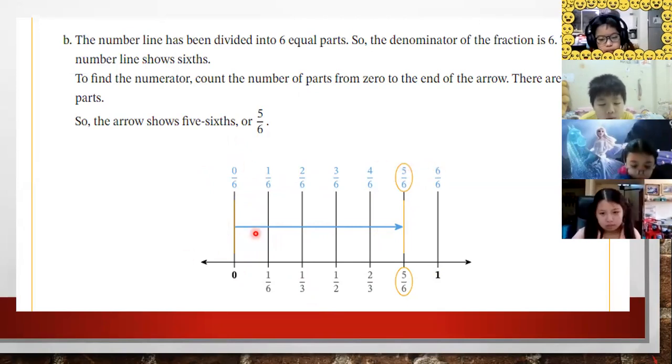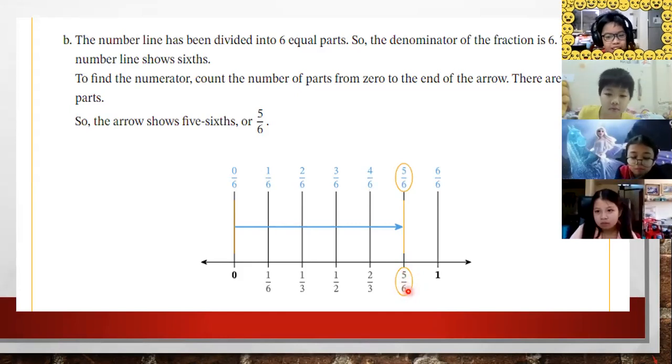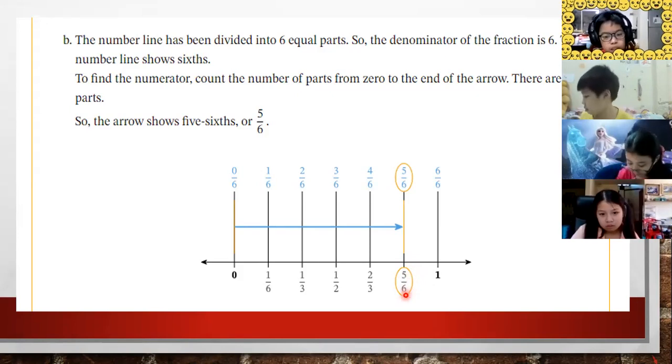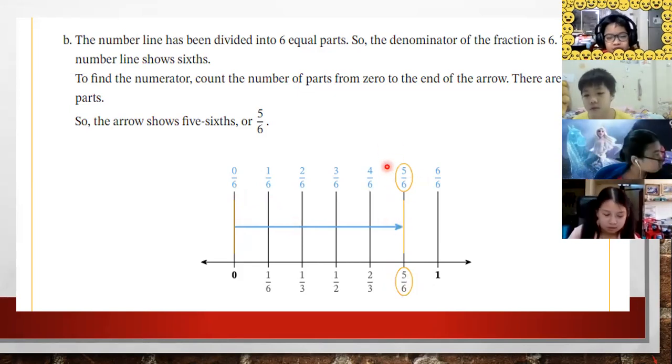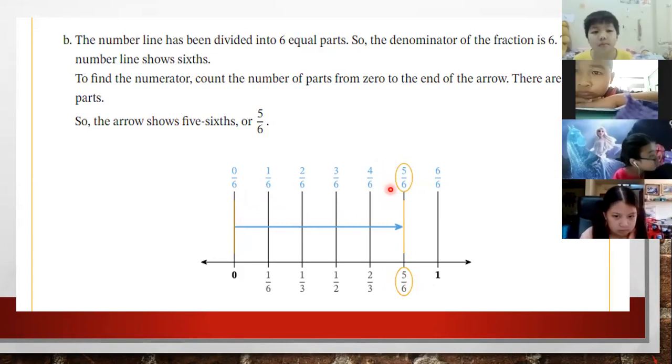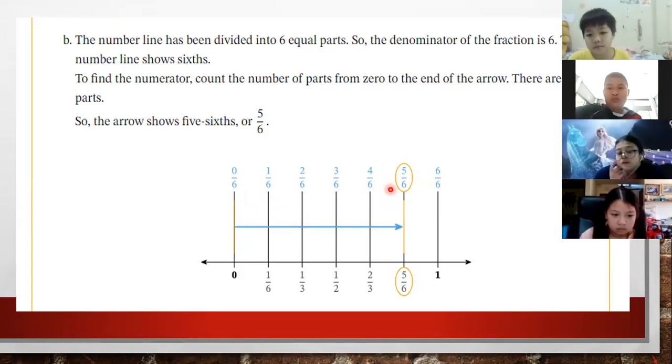So I'm asking you, from 0 to this line, what is the answer? This encircled one. 5. From 0 to this line. So the answer is 5/6. Okay.